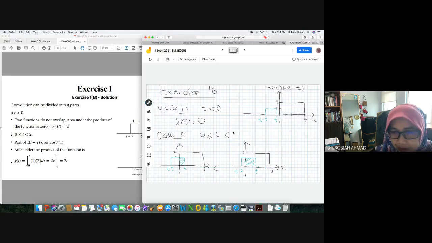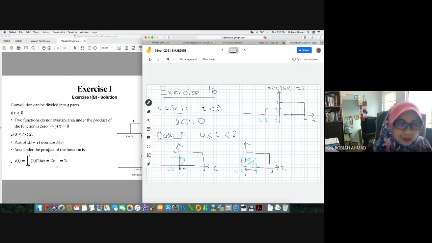So for t between 0 to 2, kita dapati our overlapping will be between t to 0. Sama sini, t to 0. Notice that the area from smaller to bigger. Okay, jadi kita boleh expect y(t) dia akan naik.